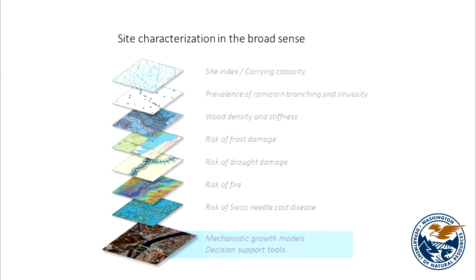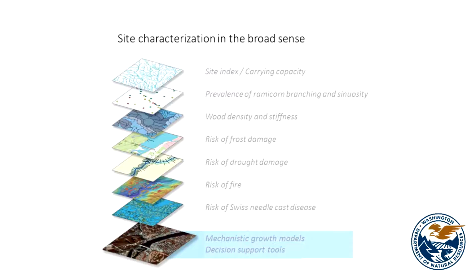At a higher project level, one of the things that Glenn Howell has been trying to do is come up with different ways to model a site. You can characterize a site as having high frost damage or high drought risk or high fire risk or low fire risk, and you take all of these different measures together and you come up with an idea of how well that stand is going to do over its lifetime.